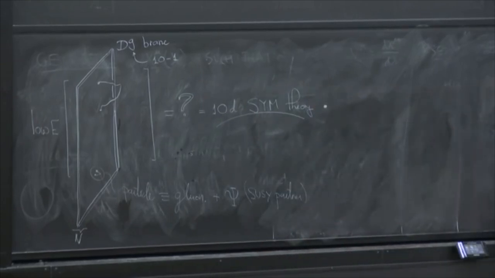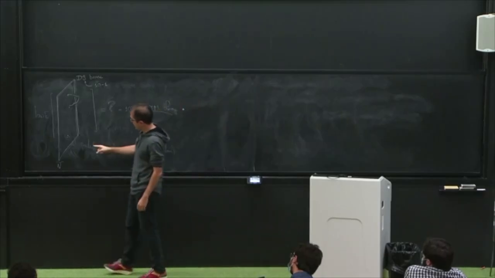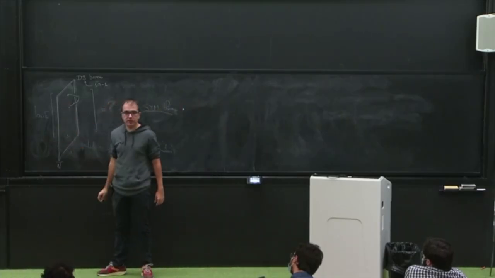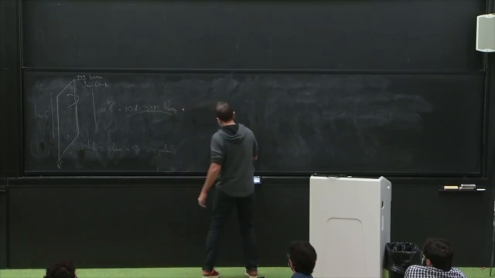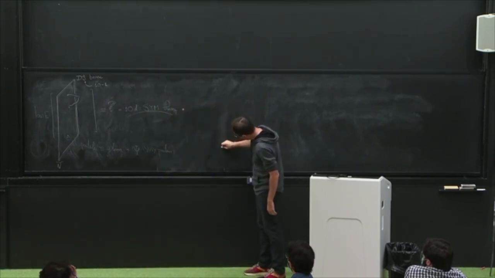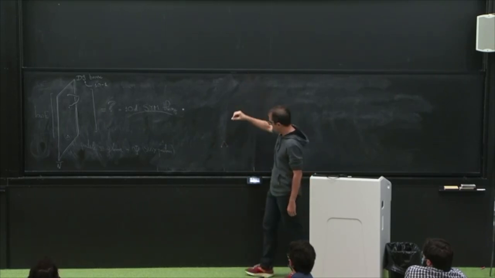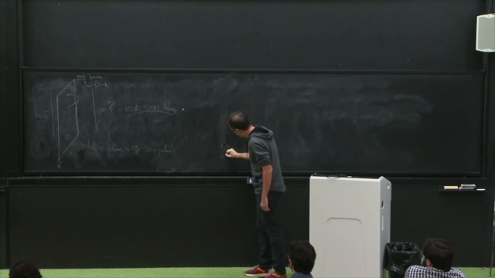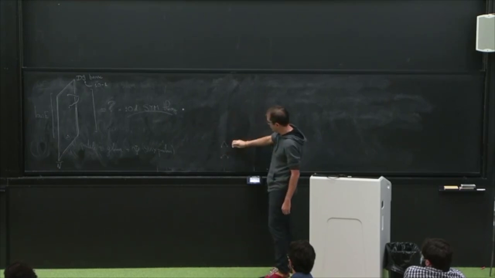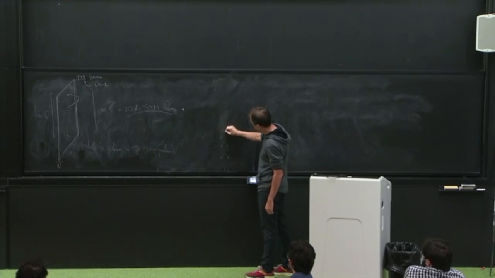Now, let's see how to draw the story of some strings moving on this D9 brane. So let's follow the life of a string. There is a string, here it is, like this. And then it evolves in time, time goes up. The string started like this, and then moves to this, and now is moving like this.